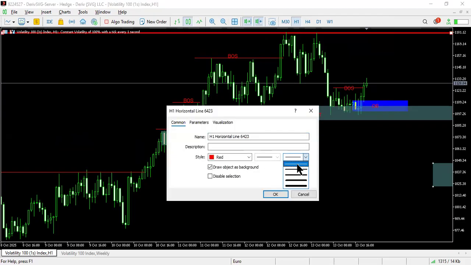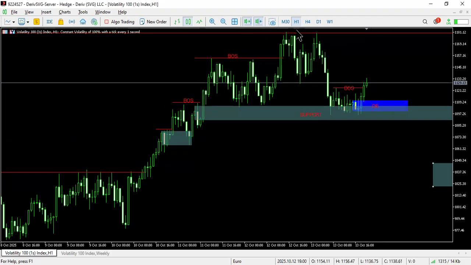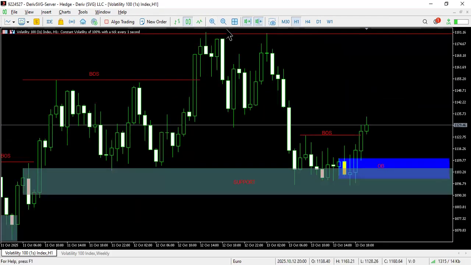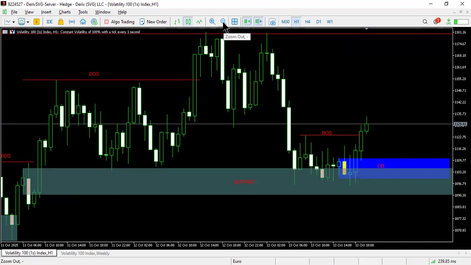So those are the coordinates. You can place a buy limit on VIX 100.